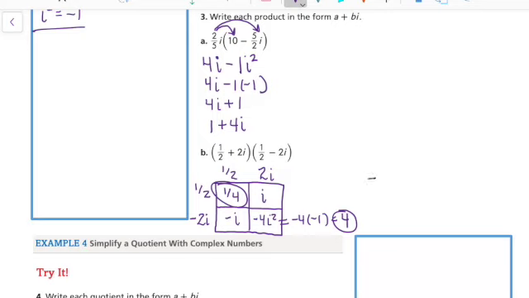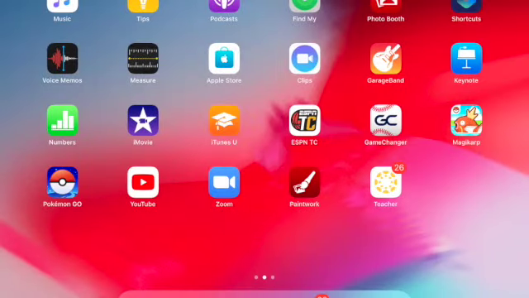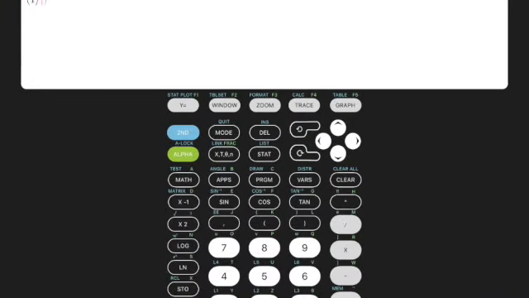Combine your like terms. 4 plus a fourth is 5 fourths. i minus i is 0, so my answer is just 5 fourths. Calculator to check that answer.